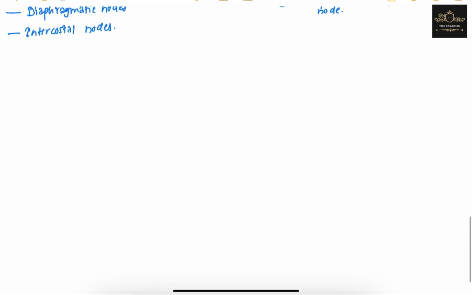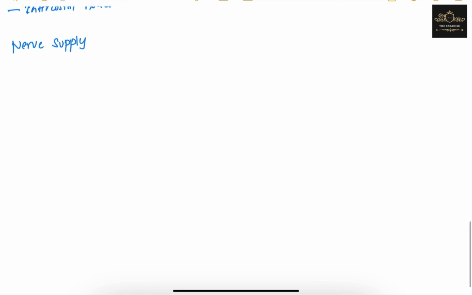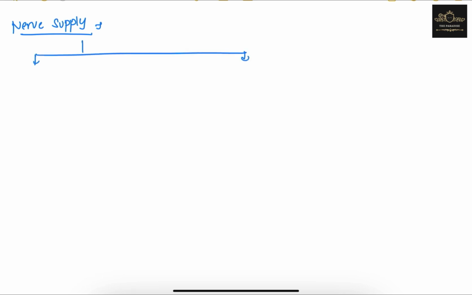Then next point is nerve supply. In this part also we have divided into two parts. First is parietal and second is visceral. The parietal part is mainly supplied by somatic nerves, that is intercostal and phrenic nerves.